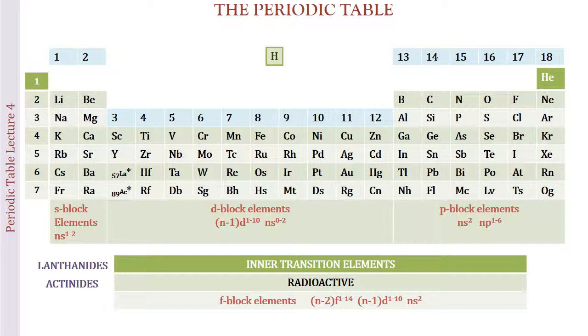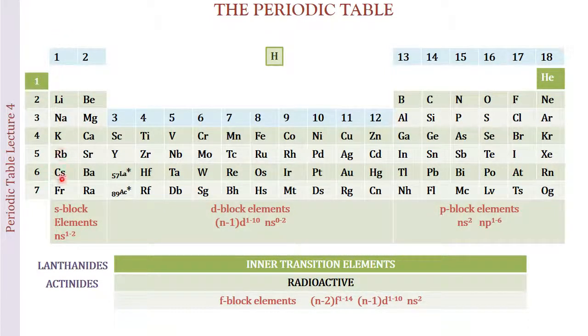Now, this periodic table has been divided into 4 blocks also, according to again the electron filling, right? When the last electron is entering into the s orbitals, they are called the s block elements. Fine. So group 1 and group 2 are called the s block elements, and the general electronic configuration is ns1 to 2.